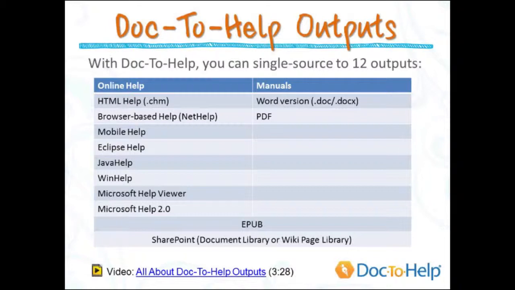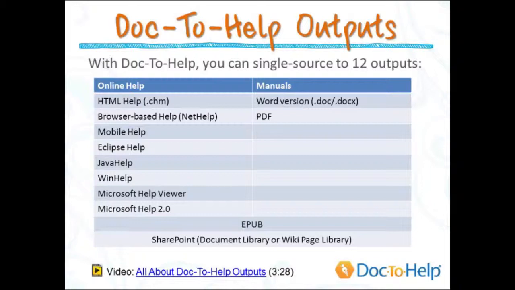Win help is the original online help format from Microsoft, and a lot of us are still creating Win help also. Microsoft Help Viewer integrates with Visual Studio 2010 and above. So if you're creating help that needs to integrate with Visual Studio, Microsoft Help Viewer is great. And Microsoft Help 2.0 integrates with earlier versions of Visual Studio 2002 through 2008.